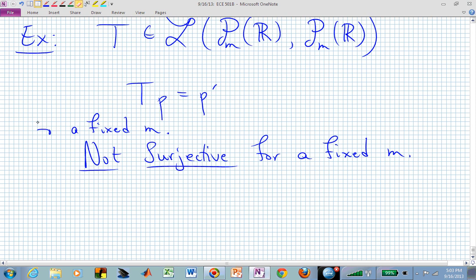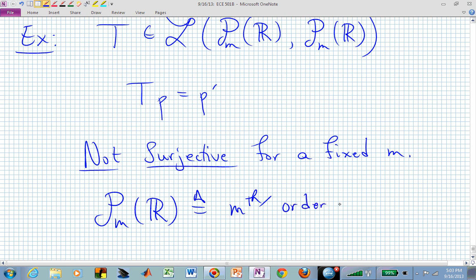Maybe it's cleaner if I say not surjective for a fixed M. Here I'm using P sub M of R, nth order polynomials.